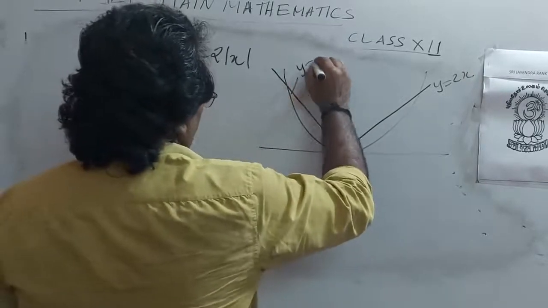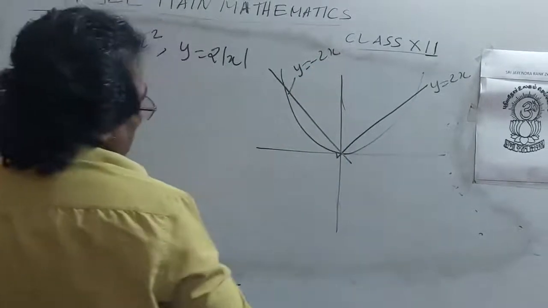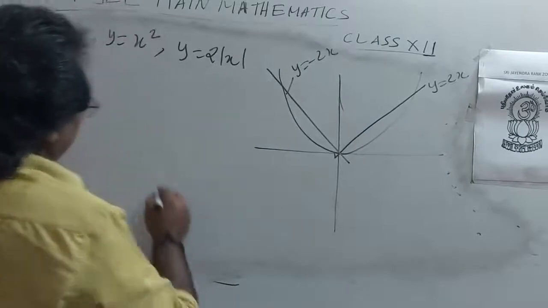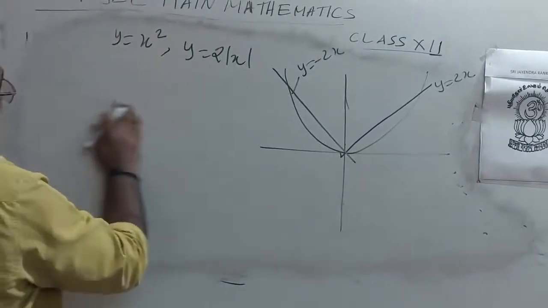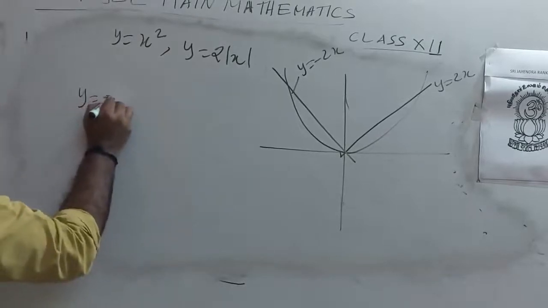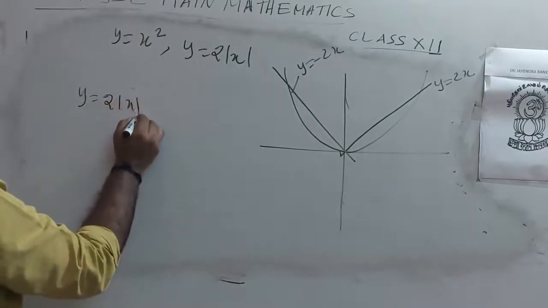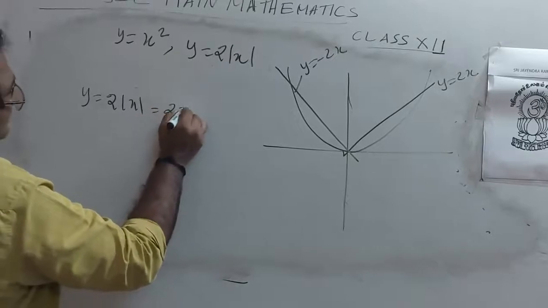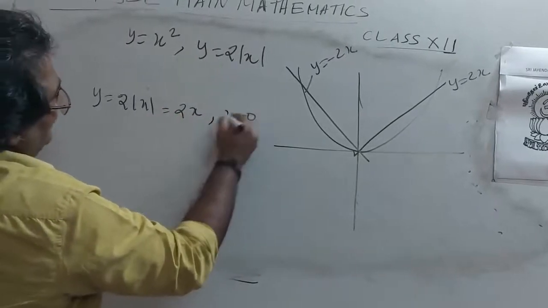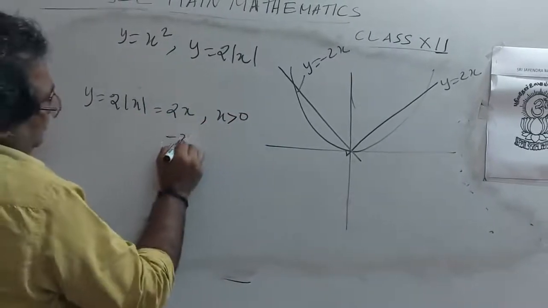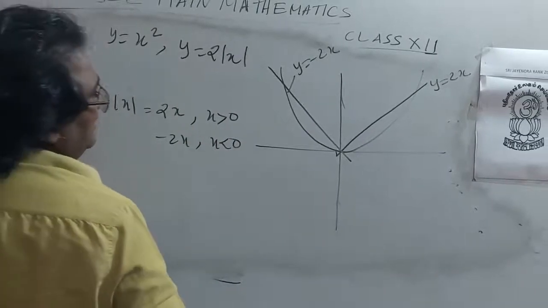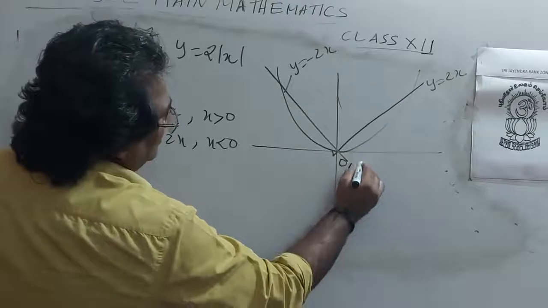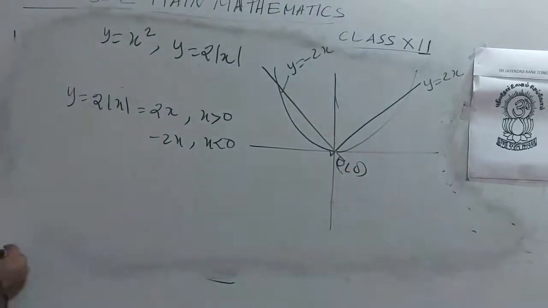This is y equal to minus 2x. Y equal to twice modulus x equal to 2x for x greater than 0, minus 2x for x less than 0. This point is 0, 0.